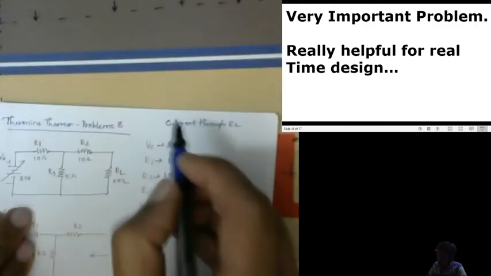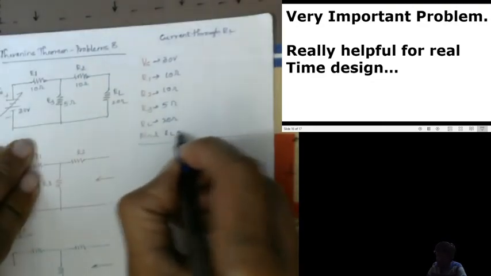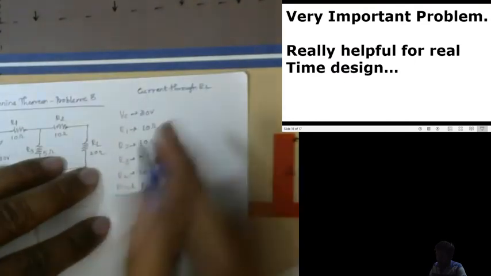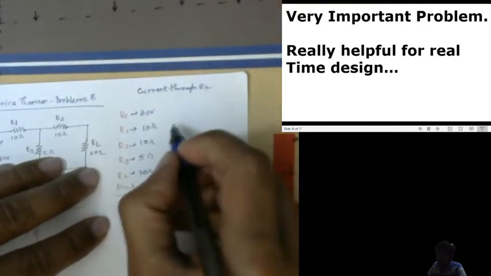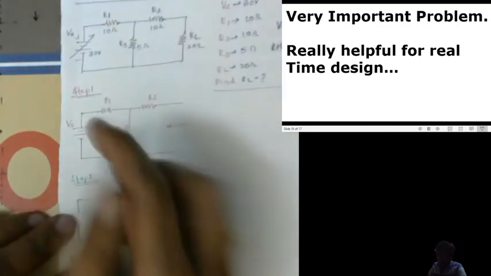You need to find the current through RL, that is IL. In this case, again you find the VTS value.